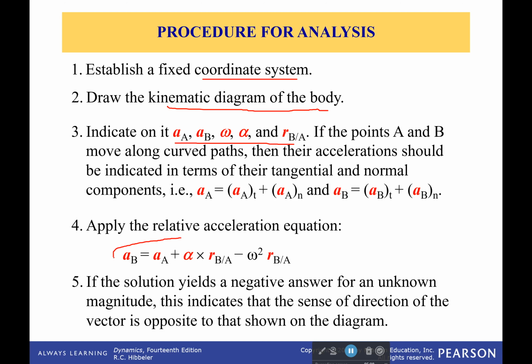Finally, you're going to apply the relative acceleration equation and solve. You'll break this up into scalar components of this equation. Those scalar components, the i components and the j components, would have to be equal to each other. And then from that, you can solve for any unknowns like the angular velocity perhaps or the angular acceleration to get your final answer. And that would be it.